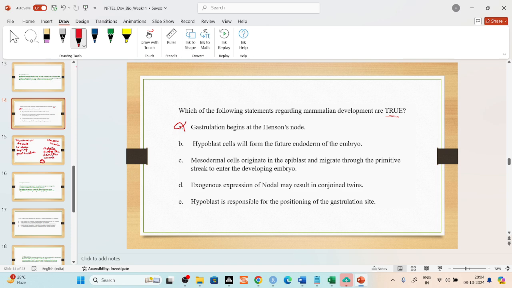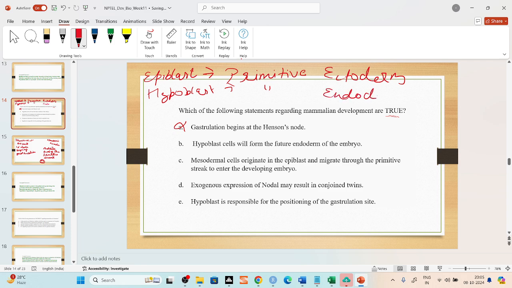Okay, so your epiblast forms your ectoderm, endoderm, and mesoderm layers.